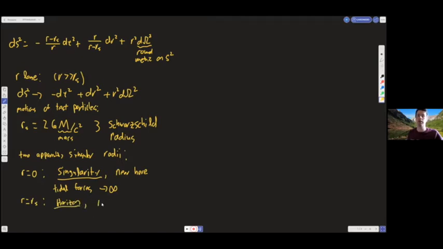But actually, near here, tidal forces are small. That's not obvious looking at the metric. The only difference between these two terms is the sign, and it's not so clear why changing the relative sign should make the tidal forces infinity in one case and small in the other, but it does.